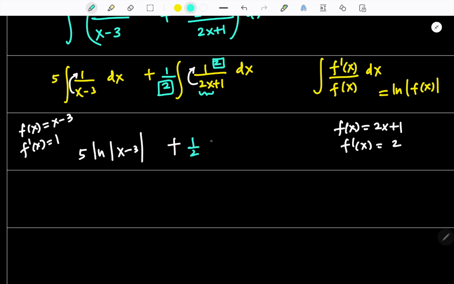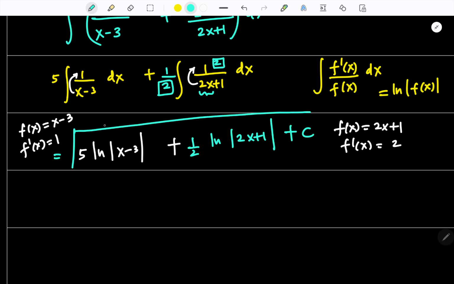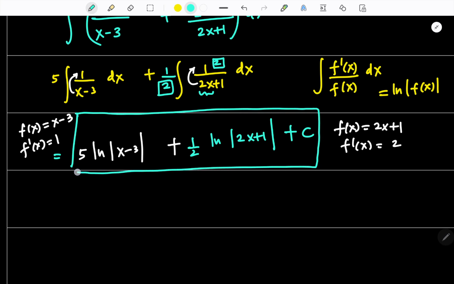So this is going to become half ln absolute value of 2x plus 1, and then plus the integrating constant c. Clear, everybody? So easy. Keep it in your mind. The only thing is you should remember the idea of partial fractions from the previous video. So this finishes your exercise 9.4.